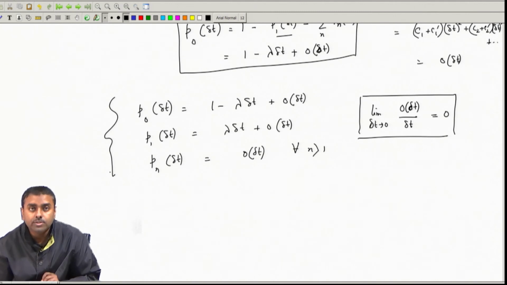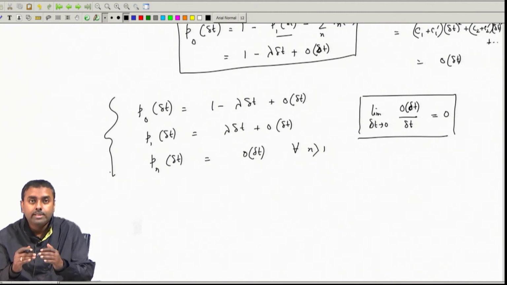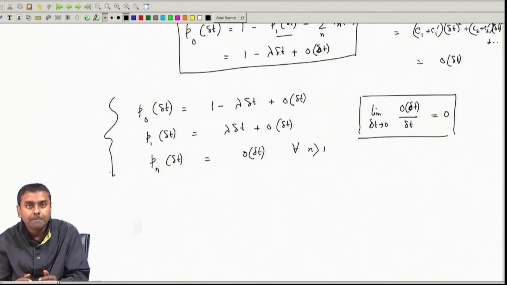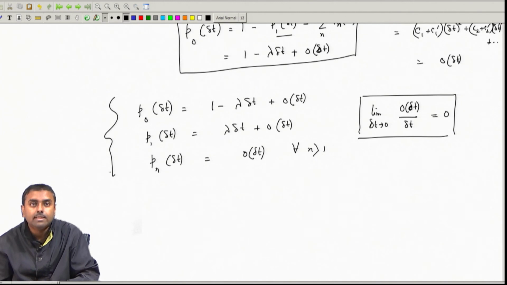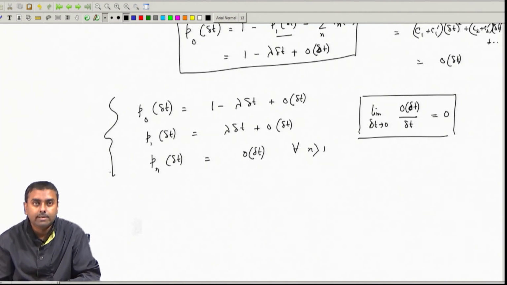So, now we have understood two things. We could define the non-simultaneity principle taking the assumption of stationarity. We could also mathematically define, as we have seen earlier, independent increment.